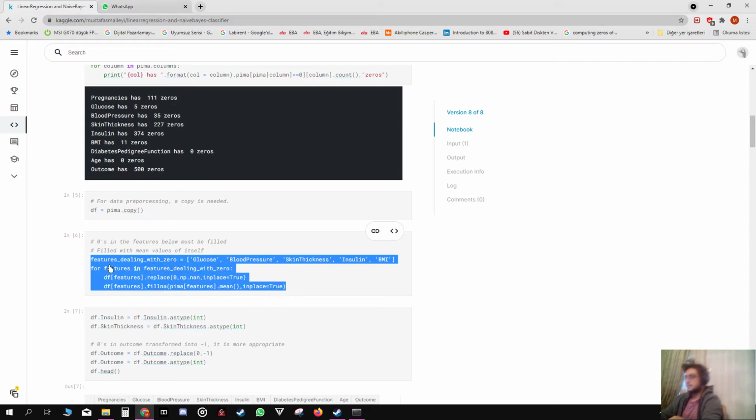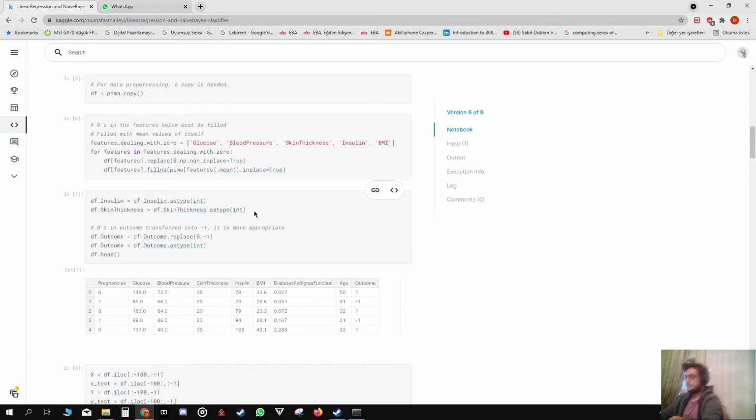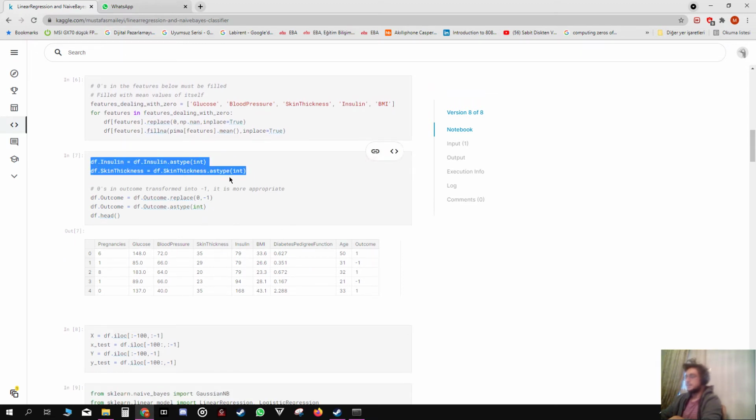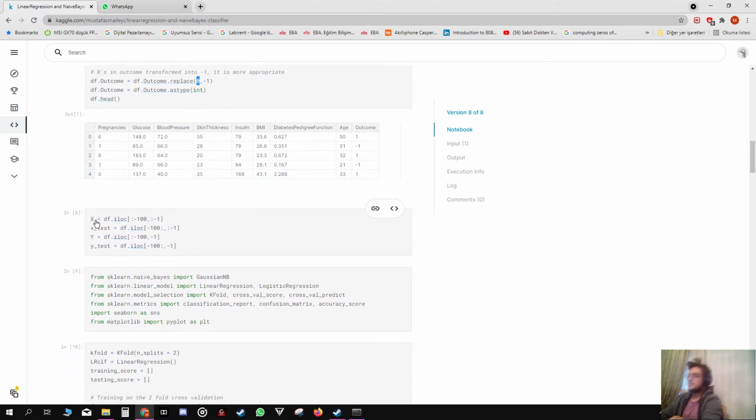Then I cast the type, and for the outcome I change zeros to -1 to be more appropriate. Here I divide the data into training and testing.